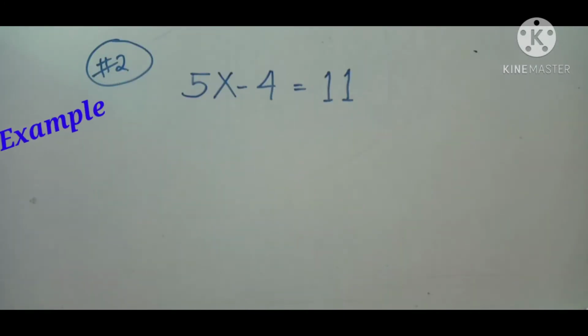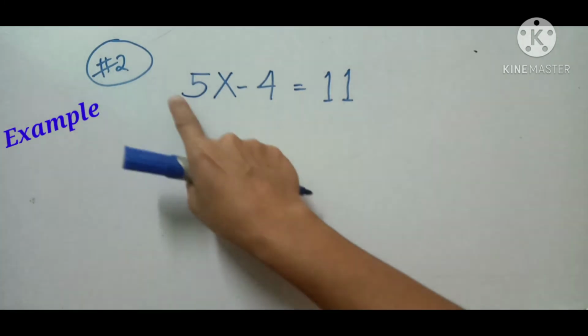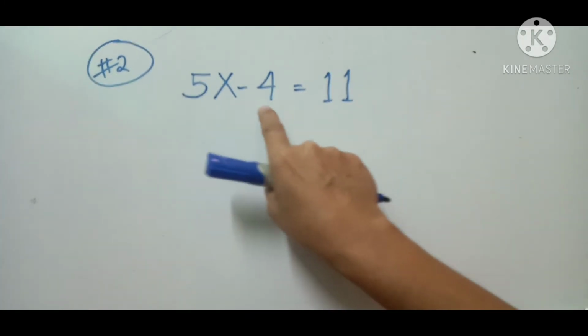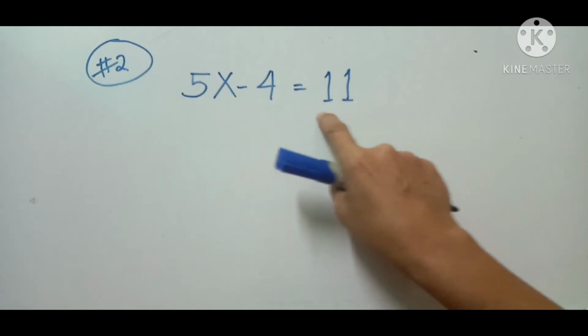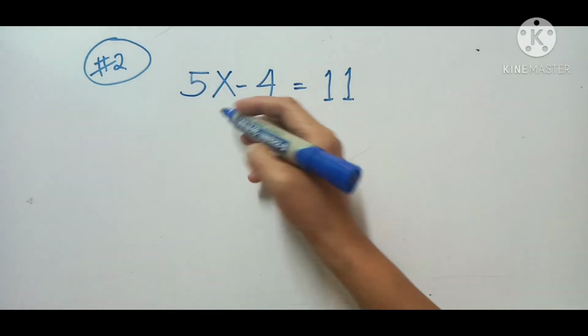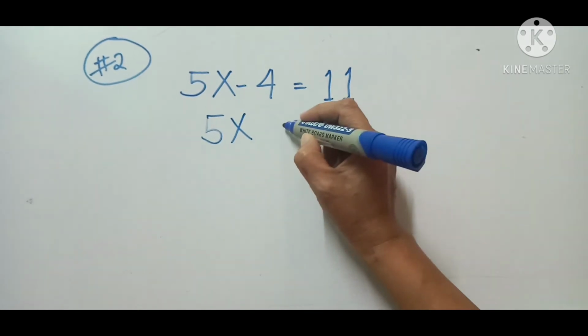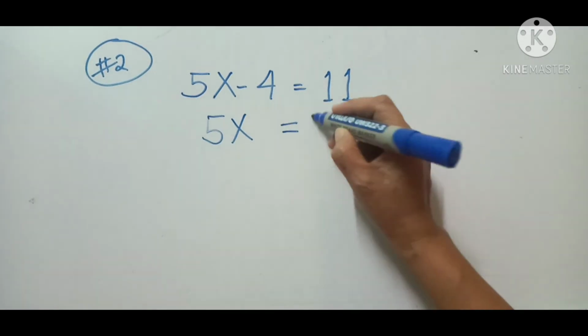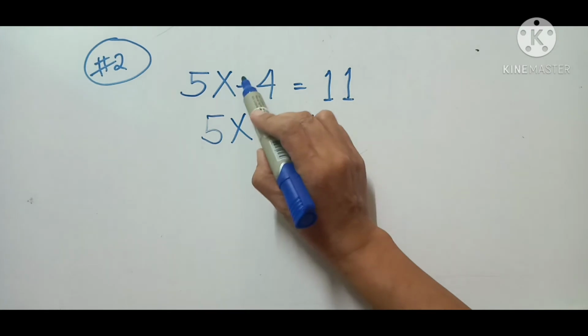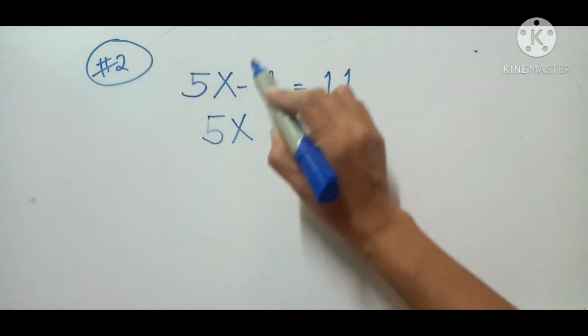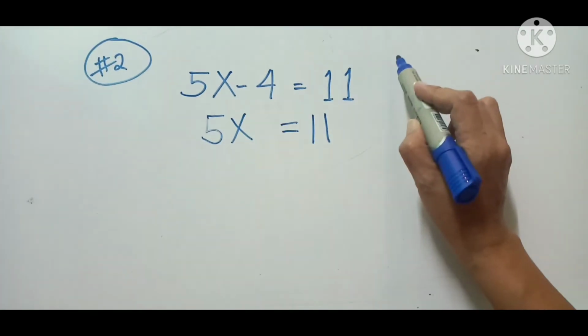Second example, we have 5x minus 4 equals 11. Copy the 5x. Then copy 11 because it's a constant, and negative 4 is also a constant. So you're going to combine them by transposing negative 4.